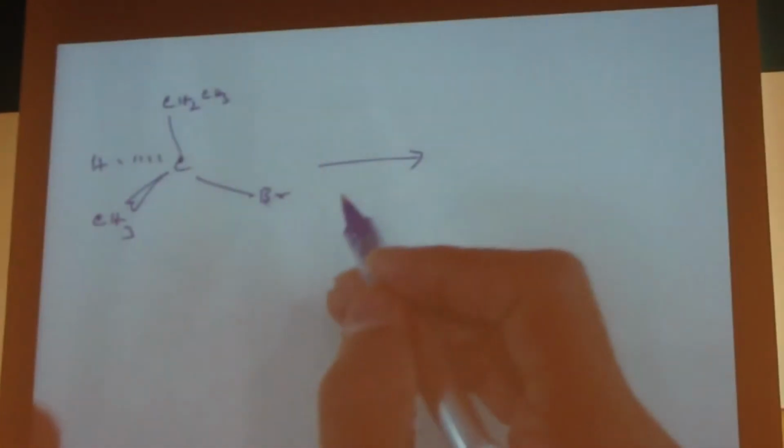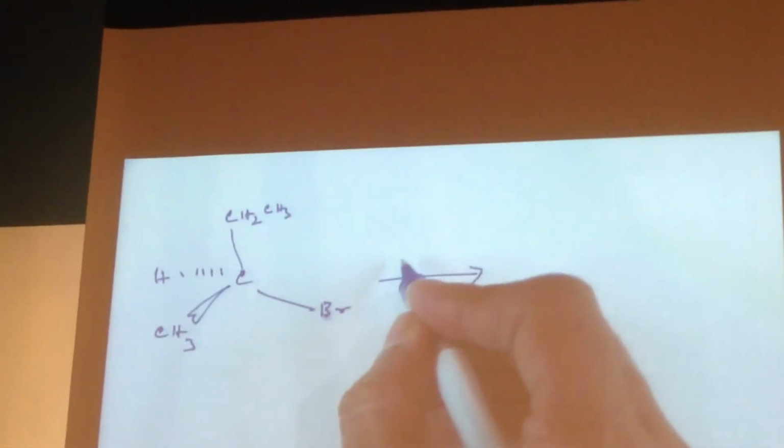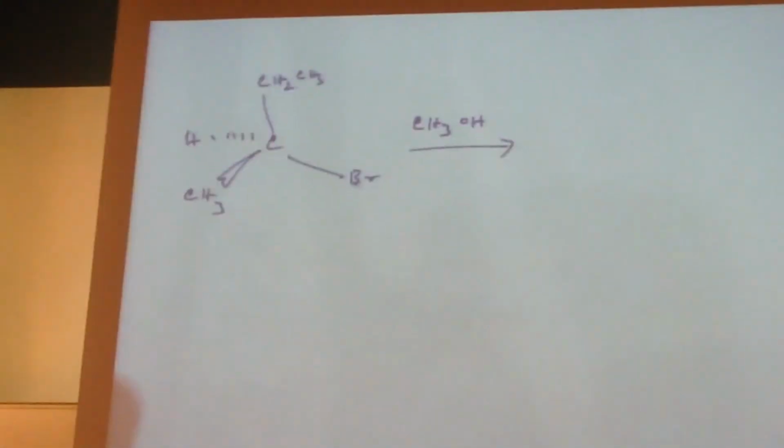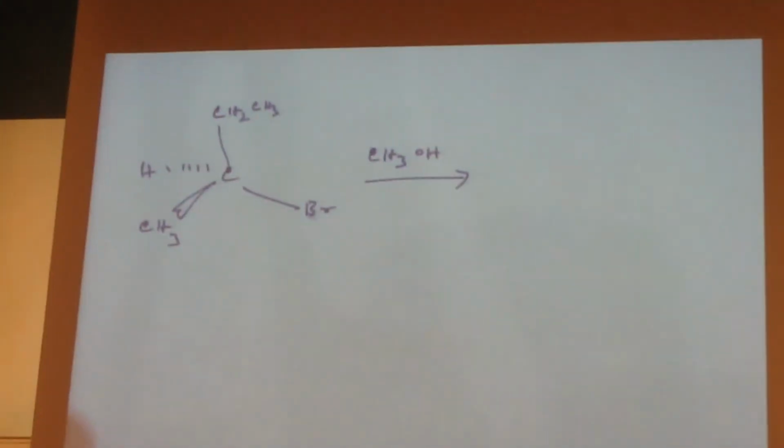So let's do that rather than using the OH minus or an alkoxide or anything. Let's put an alcohol there. So let's just use methanol, which is a poor nucleophile.